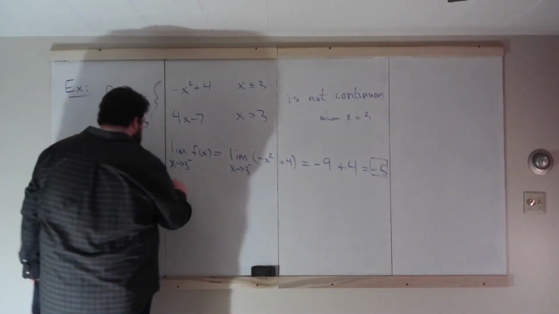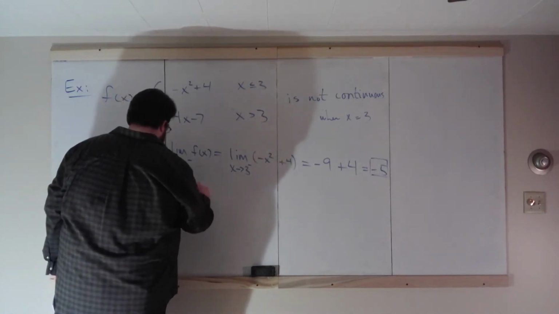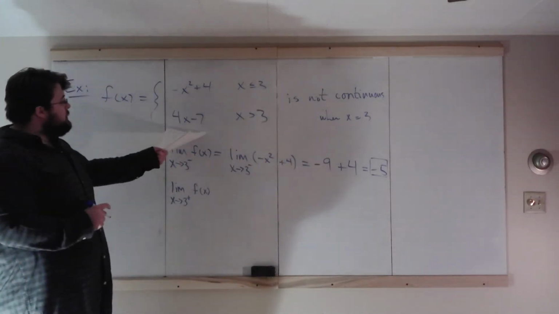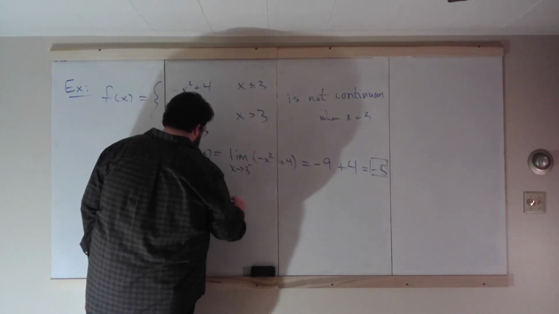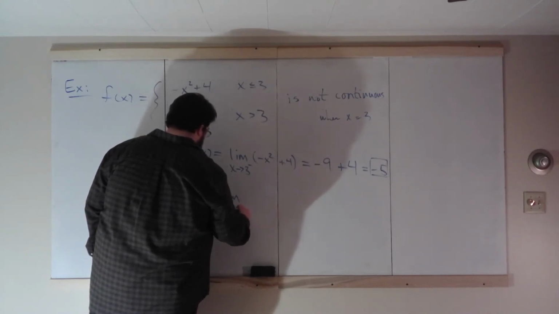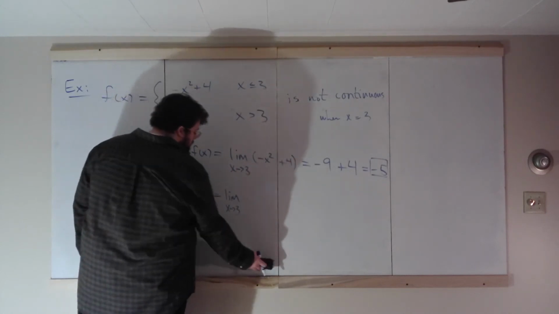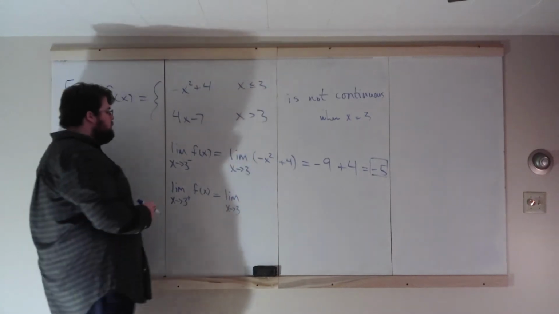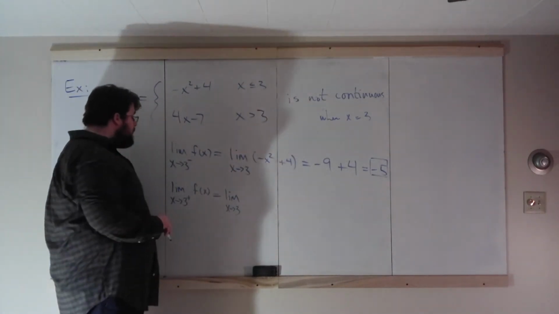But let's find what the limit as x approaches 3 on the right is. Limit as x approaches 3 on the right, this piece of the function defines what happens on the right of 3. Now I can actually get rid of this sign up here, because once we substitute what happens on the left, we don't need to worry about the sides anymore.